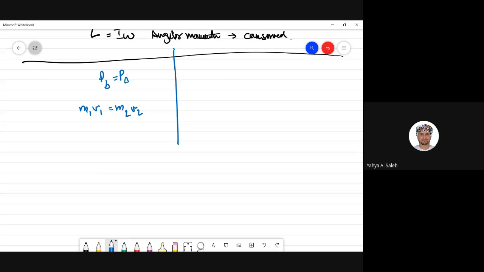It says L before equals L after: I1 omega 1 equals I2 omega 2. It's the exact same idea which we are used to seeing on a daily basis, but on an angular level.